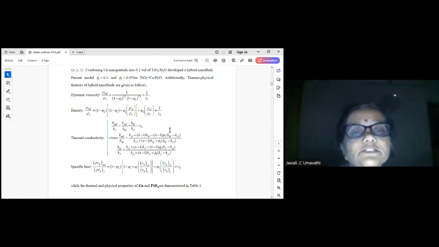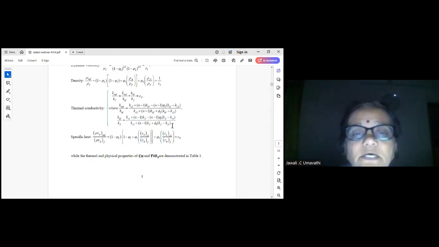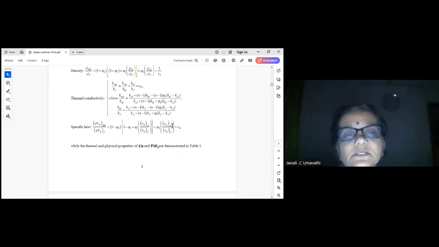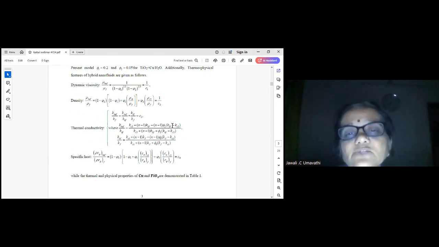So this is the relation which I am considering for rho HNF by rho F, and also KHNF by KF. As I told, I take the Tiwari-Das relationship, and I take Maxwell's. And again, here I take the Tiwari-Das model. What is the meaning of the Tiwari-Das model?